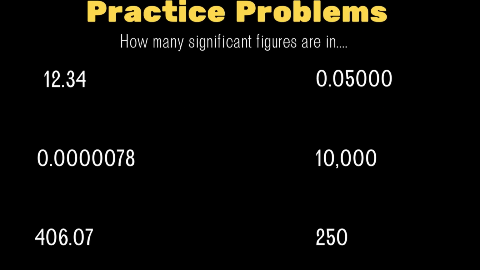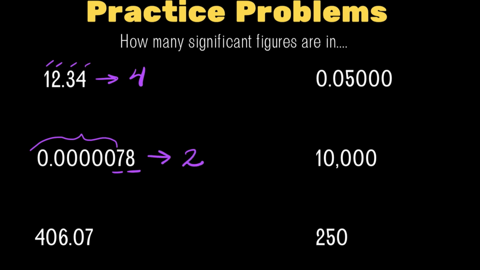Let's look at some practice problems. You can pause the video here and then come back to look at the answers. In the number 12.34, we would have 1, 2, 3, 4 significant figures. In the next example, we wouldn't count these leading zeros. Therefore, we would only have 2 significant figures.